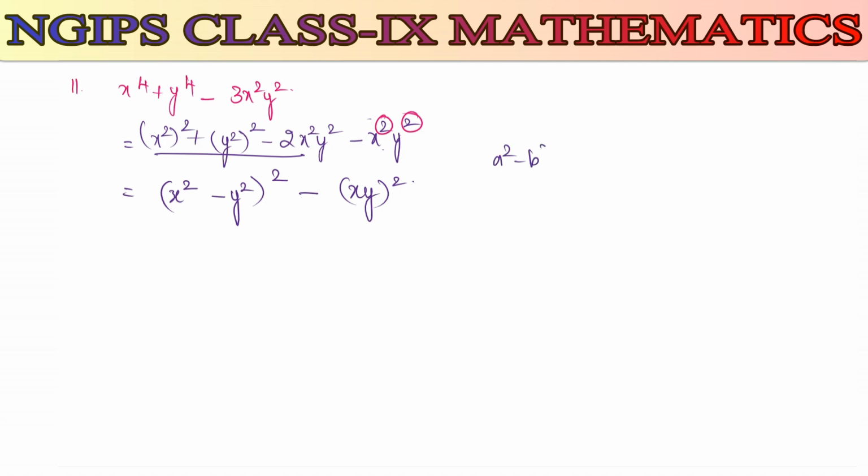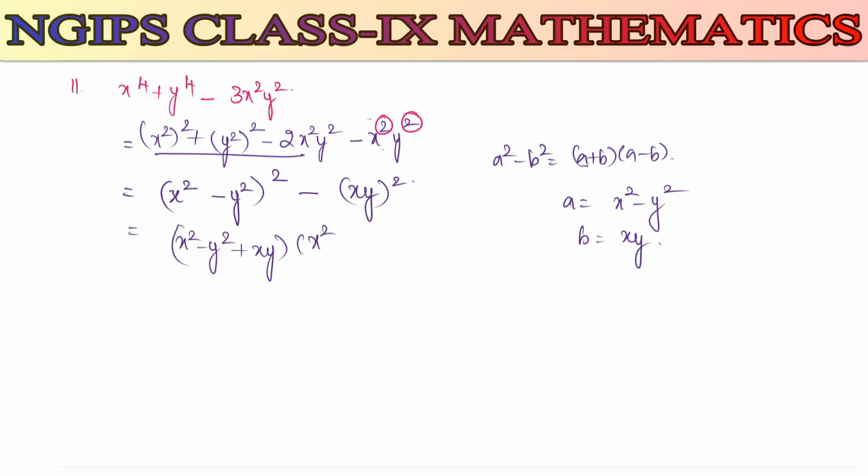So you can write it as (a + b)(a − b). So a is equal to x² − y², and b we have xy. So I am going to write (x² − y² + xy)(x² − y² − xy). Okay, this is the factor for the 11th one.